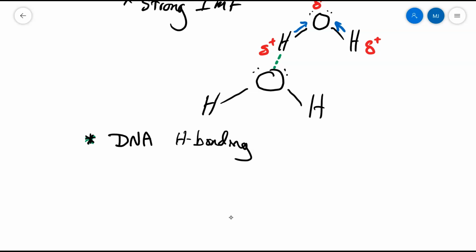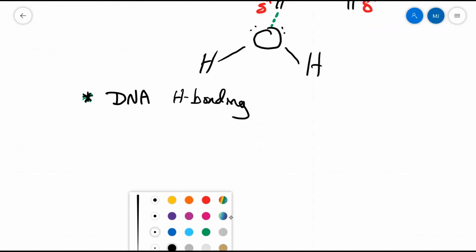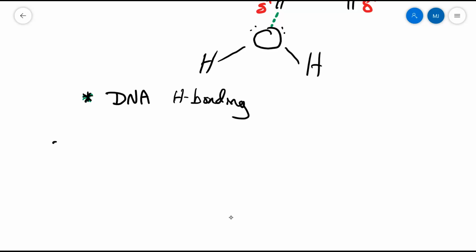Now, there are also other intermolecular forces, or one other one that we'll talk about, and we've actually already talked about this one before too.